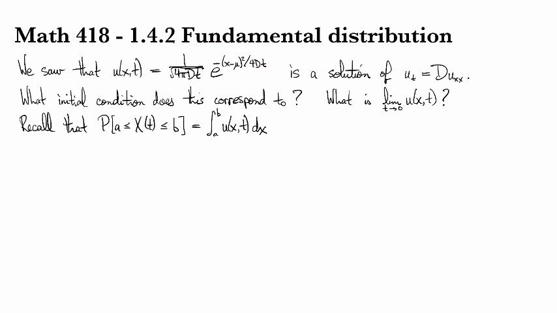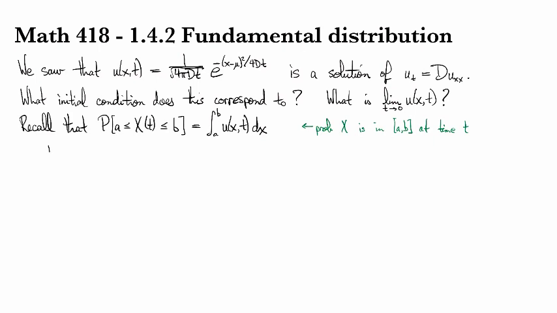So that's the probability of finding x in the interval. So maybe I'll just write that: the probability x is in the interval from a to b at time t. Okay.